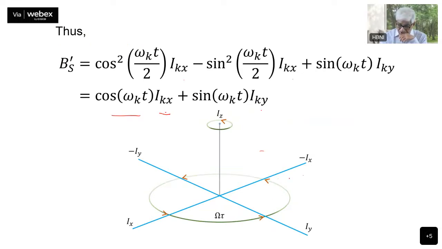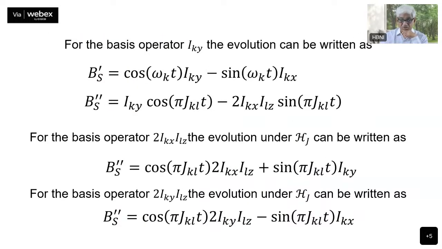It goes with this rotation, therefore I get a minus sign there. And similarly for the B_s double prime, which is the coupling Hamiltonian, it gives you I_ky cosine(pi J_kl t) minus 2 I_kx I_lz sine(pi J_kl t).